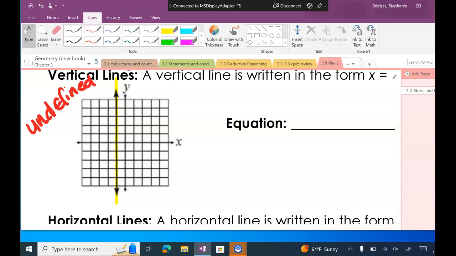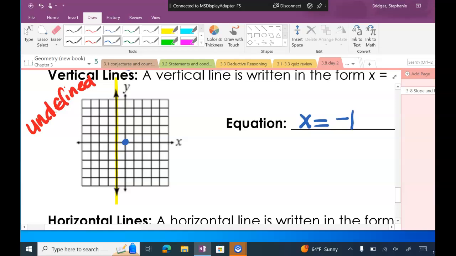If you have a vertical line, your equation is going to always be x equals wherever it crosses the x-axis, okay? My origin is right here. That's my 0, 0. So if I go to the left 1, what number is that on my x-axis? Left 1 means negative 1. Okay.